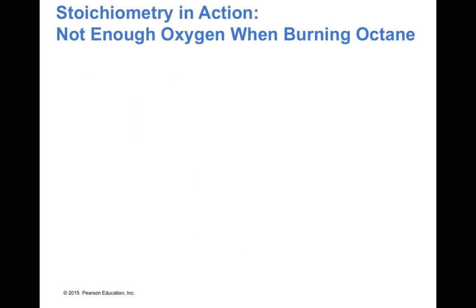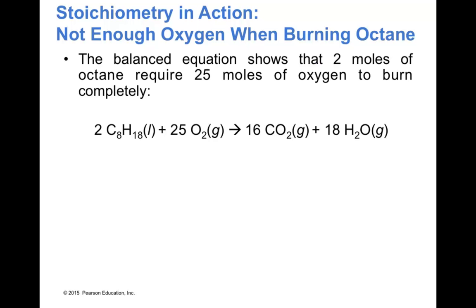Now, sometimes when octane is burned, octane is basically the fuel that is in gasoline. The balanced equation for the combustion of octane basically shows that 2 moles of octane require 25 moles of oxygen, and this will produce 16 moles of carbon dioxide plus 18 moles of water.